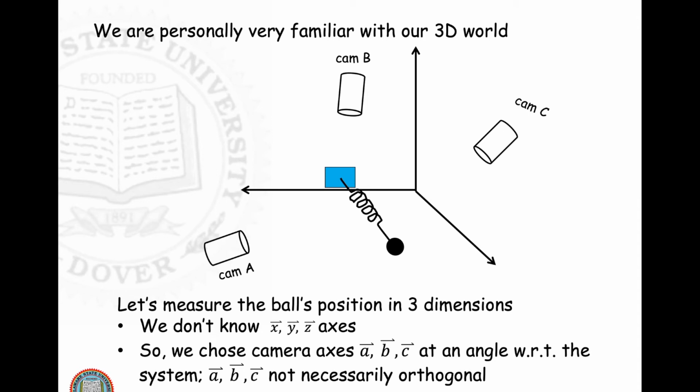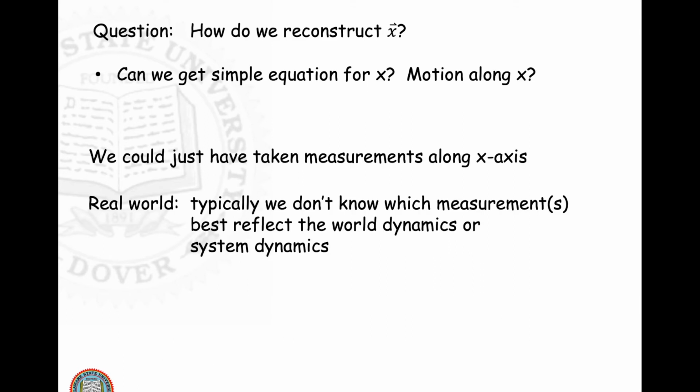So you have these non-orthogonal axes describing the motion path of the mass from the perspective of each sensor. So one of the questions is, how do we reconstruct this X, the true ground truth motion path, i.e. describing the dynamics of that damper?